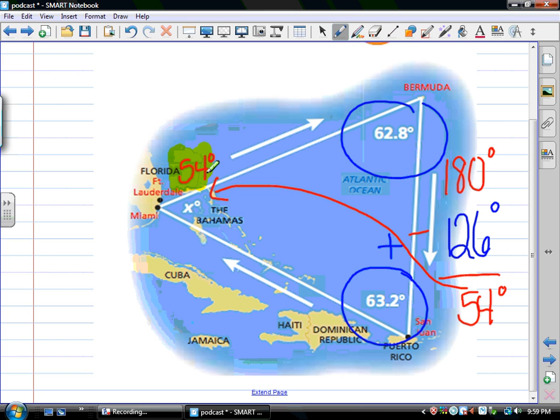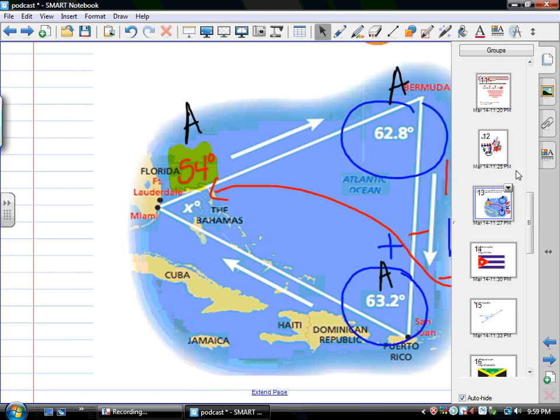Excellent job. Plus 20 for your group if you correctly identified this as an acute triangle. And you said, Mr. Phillips, all the angles in this triangle are acute. Therefore, it is an acute triangle.